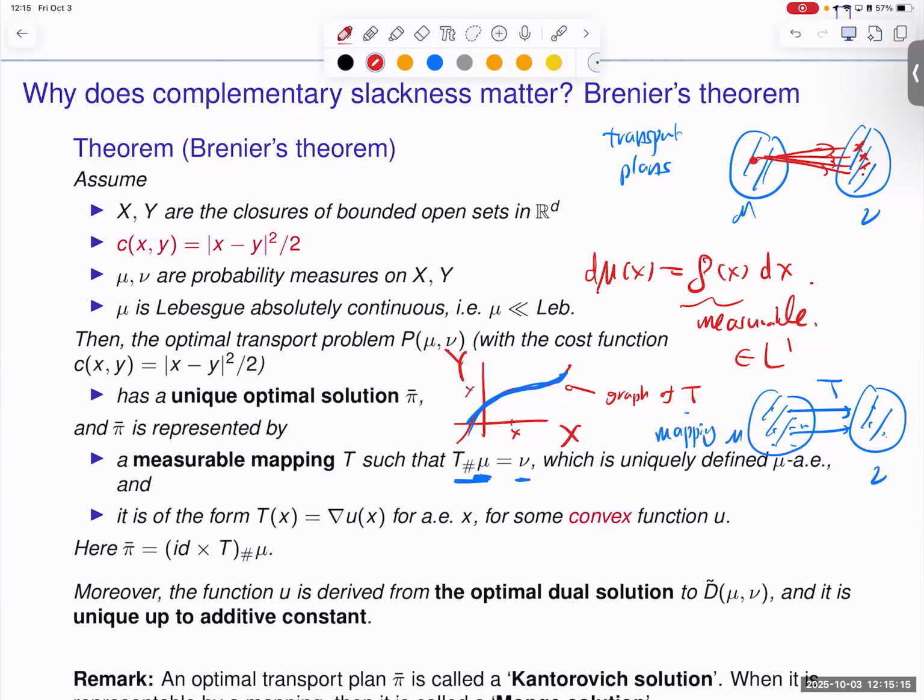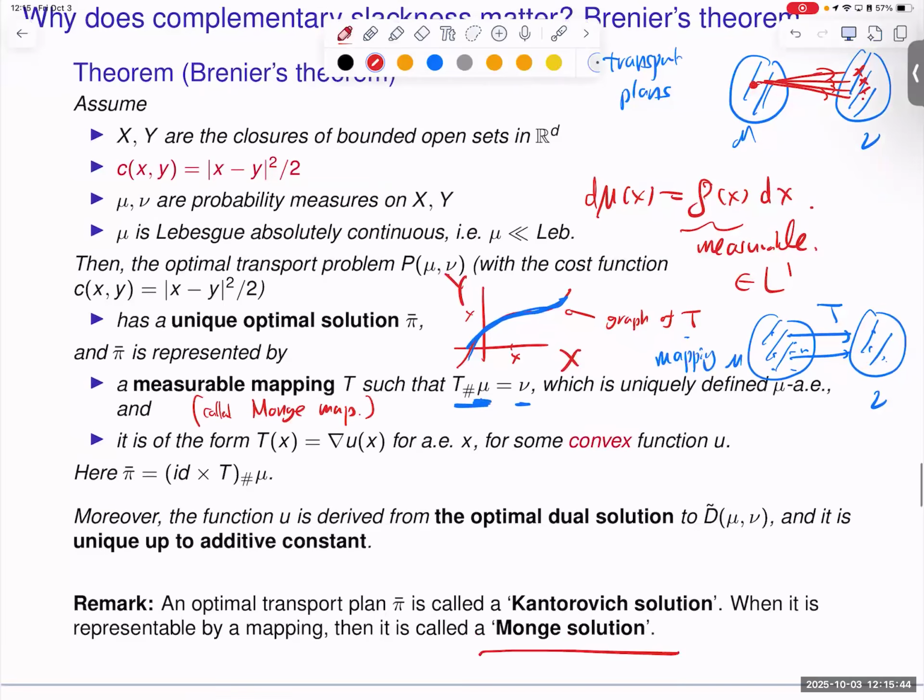That's what a transport plan can do. But Brenier's theorem says, in this context, the optimal transport plan is only given by this optimal mapping, where x goes to only one y. Okay? That is called a Monge map. I already said it's a Monge solution.